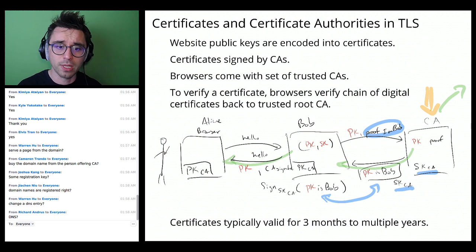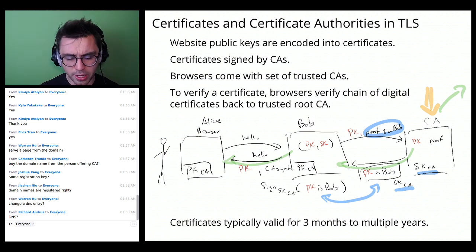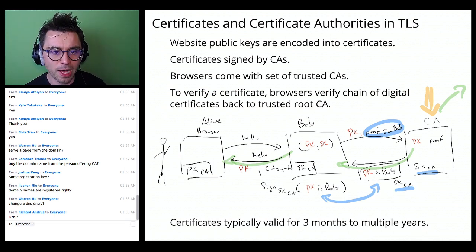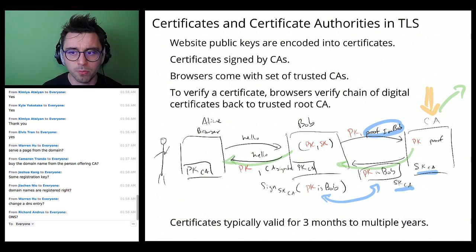The way you prove that you own that domain is one of several ways. This was StartSSL's approach: you have to be able to respond to an email from postmaster at your domain.com, or you have to put a file up containing random contents at a particular URL of your website.